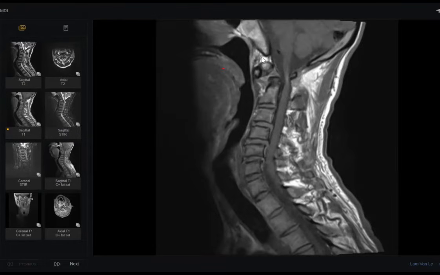This atlantoaxial subluxation has caused compression upon the cord. Okay, you didn't tell me about this one. Sir, this is actually the os odontoideum. This is the first arch, and this is the os of the second.